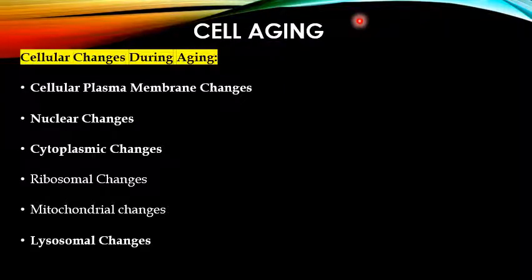The lysosomal change is that the lysosome becomes less able to break down waste: proteins, nucleic acids, carbohydrates, fats, everything. As a result, the buildup of waste within the cell increases, and that also leads to the death of the cell.